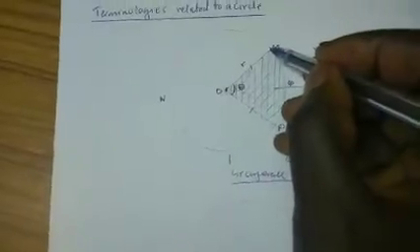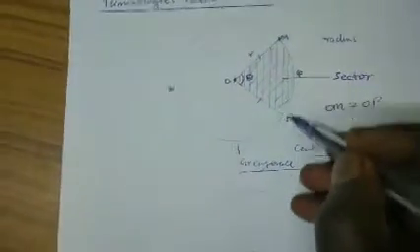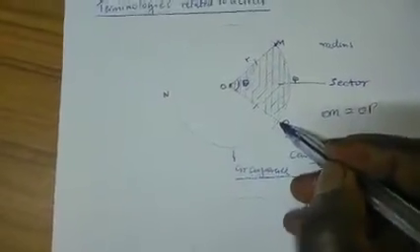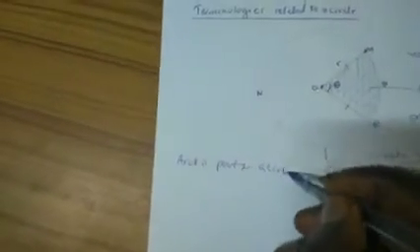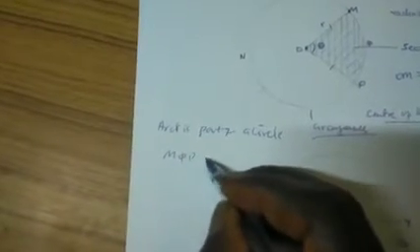Then the length MQP is part of the circumference. It's called an arc. So an arc is part of a circle. So MQP is an arc.